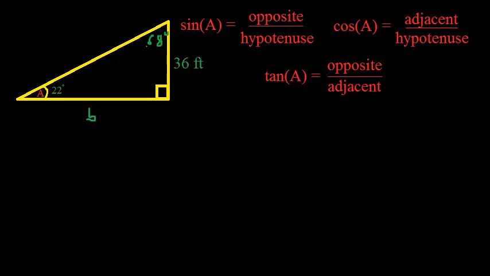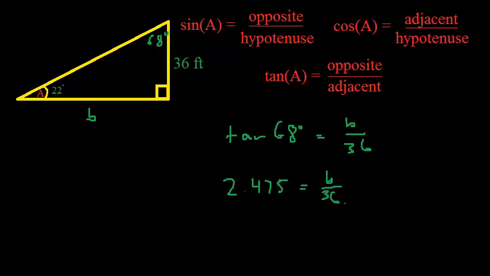So I'm going to go ahead and use the tangent of 68 degrees to find B over my adjacent side of 36. The tangent of 68 degrees is about 2.475, which is equal to our B over 36. I multiply both sides by 36, and I find that B is about 89.1. My units are in feet.